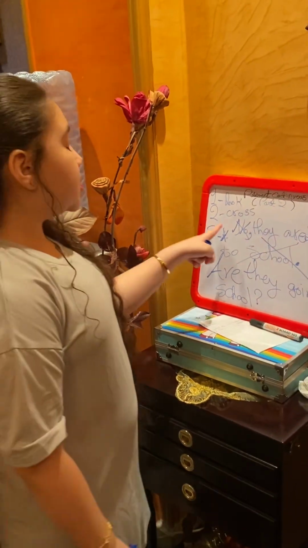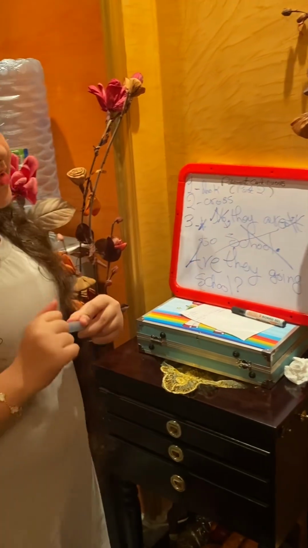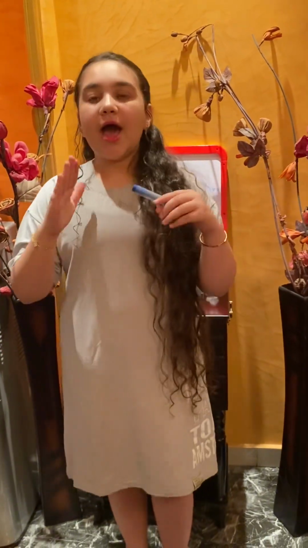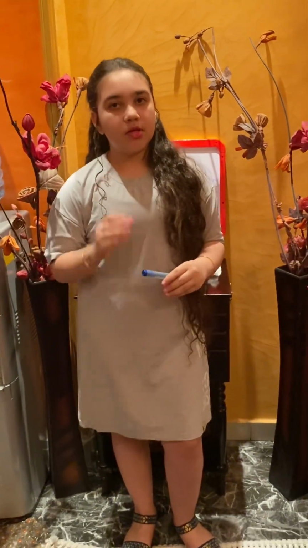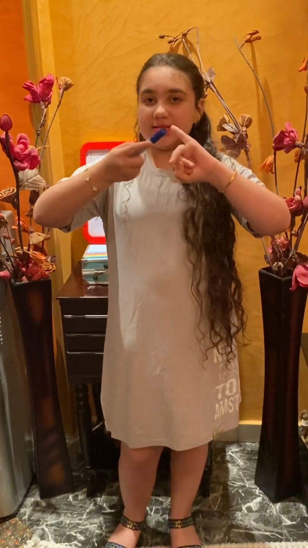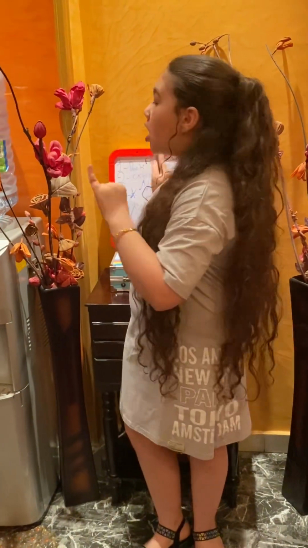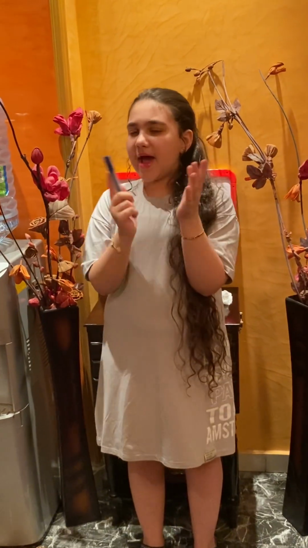Okay, guys? So I will remind you of the steps because I don't want the video to take much time, so I cannot give you more examples, but I will remind you of the steps so the video can't be long. Okay, first step, as you see here, look. What is meant by look?